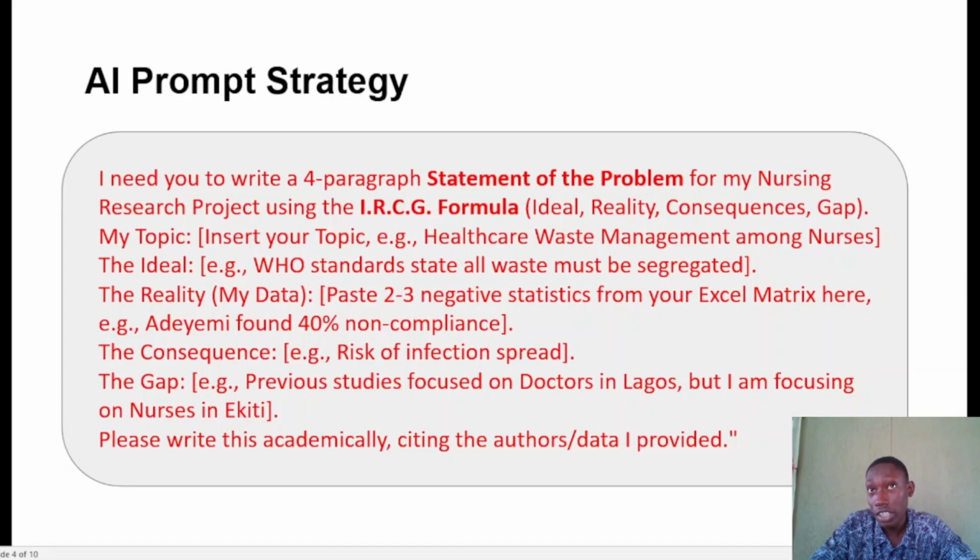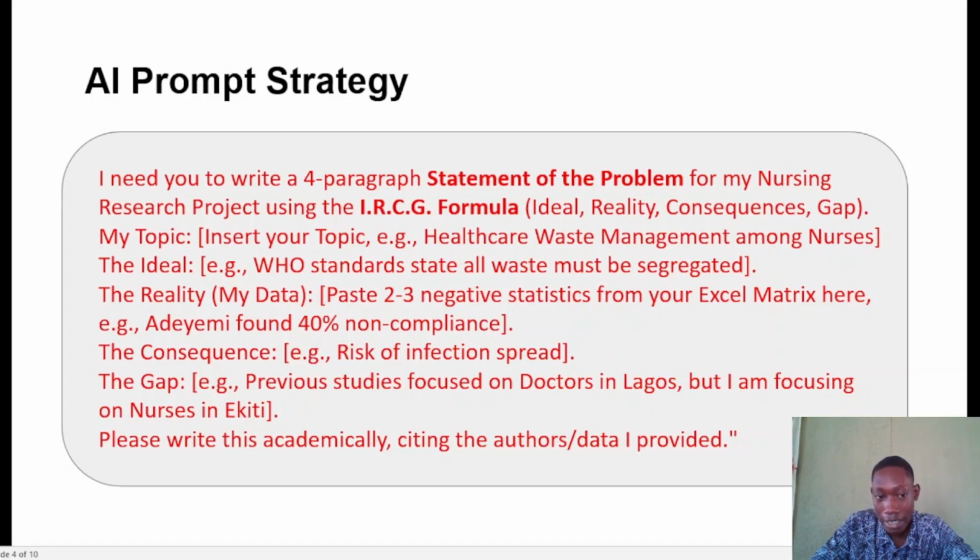I prefer a Word file because not everyone will be able to use Pro versions. And if you can't use the Pro version, you will be limited when you want to upload files to these artificial intelligence tools. So you go and copy all those analyses, journal 1, journal 2, everything. Then you paste this prompt and input your research topic in the space provided.